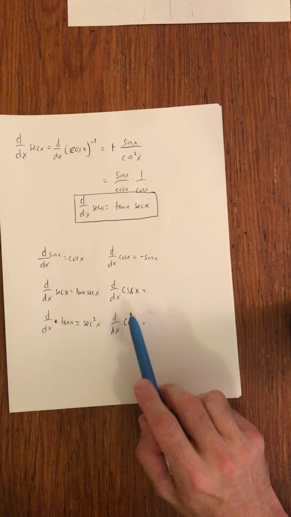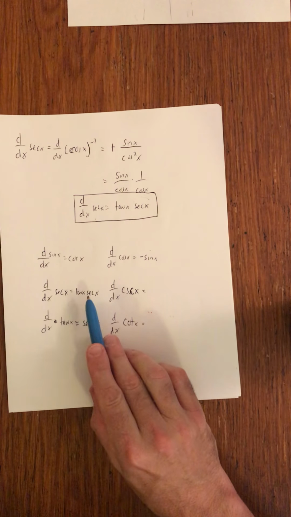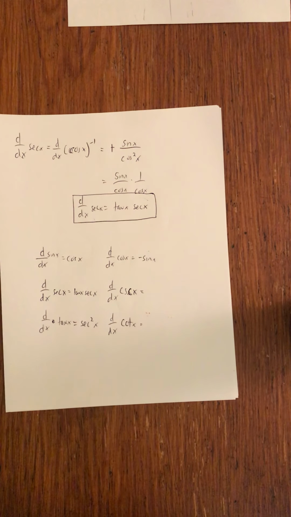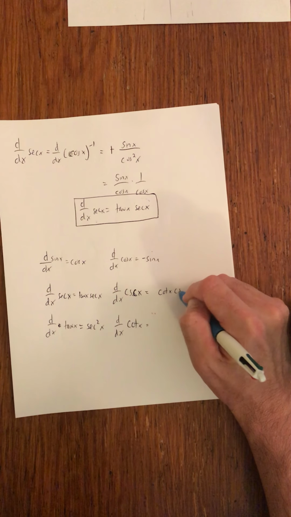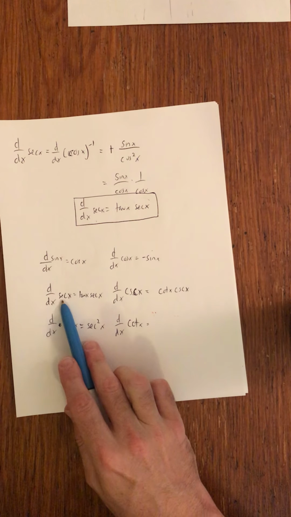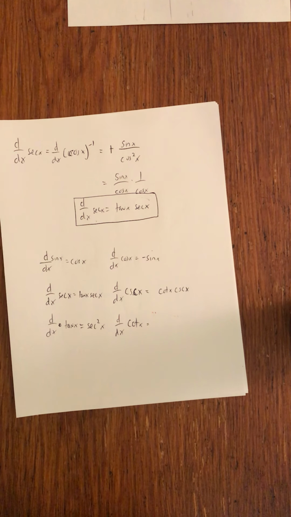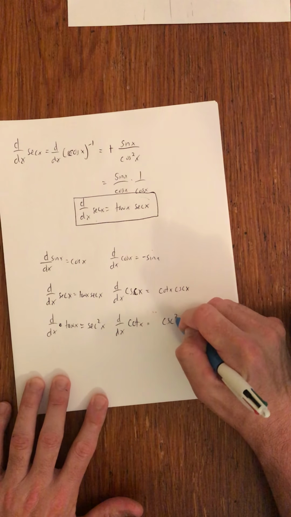So it would stand to reason that if secant becomes tangent secant, there's going to be a similar sort of pattern here, but it's going to become the cofunctions of it, right? So cotangent x, cosecant x, same structure, just the opposites, right? The cofunction. So then cotangent of x should become cosecant squared x.